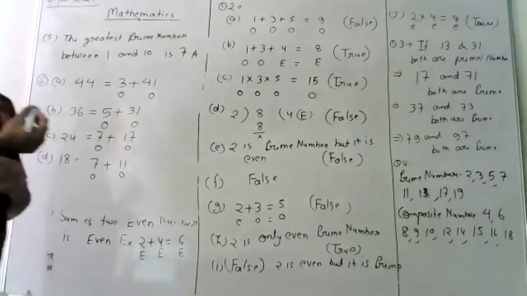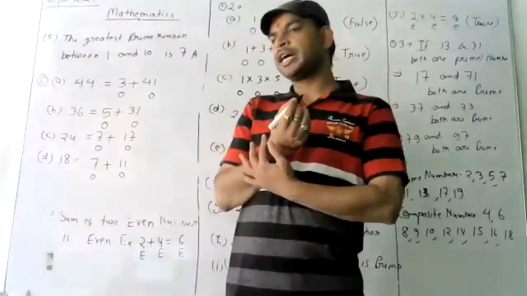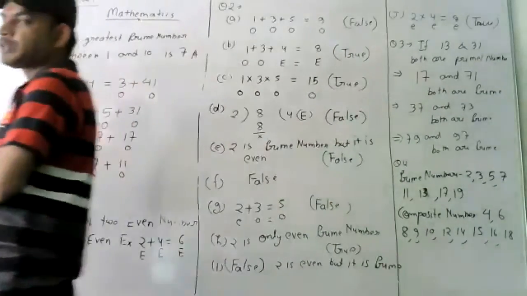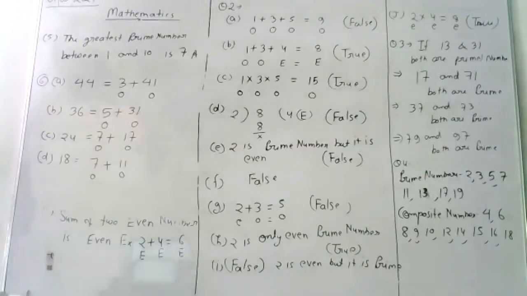So this question is completed. Express the following as the sum of two odd numbers: first number is 44, second 36, third 24, and fourth 18. Any problem, beta? There are 21 participants connected.